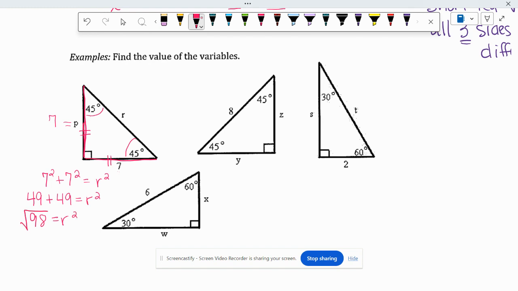And when I take the square root of both sides, remember that all I did to get to 98 was I took 49 times 2. So I can break this up as the square root of 49 times the square root of 2 equals R. But we know that the square root of 49 is 7. So 7 times the square root of 2 equals R.